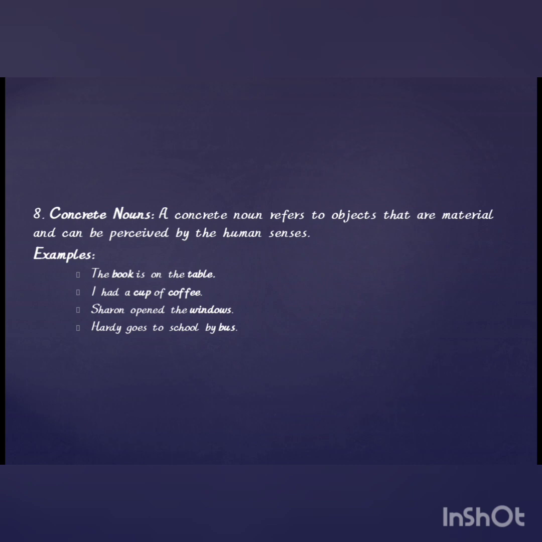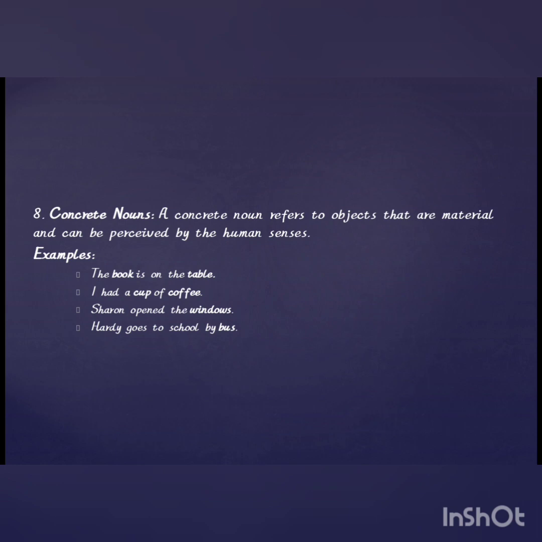Example: the book is on the table. Book, I could see that book, I could touch and feel that book. And this is an example for a concrete noun.